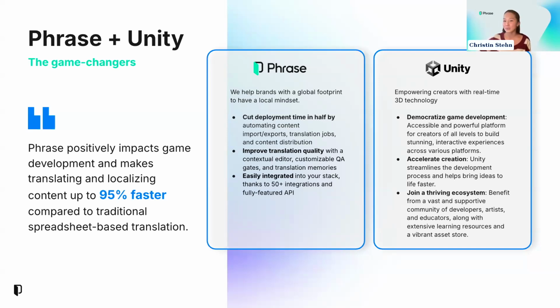That's a huge leap forward in efficiency. So imagine being able to streamline your workflows so that you're no longer stuck with manual exports, imports, translations, and also instead can focus on delivering immersive, high-quality game experiences. And well, that is exactly what Phrase and Unity can help you achieve.